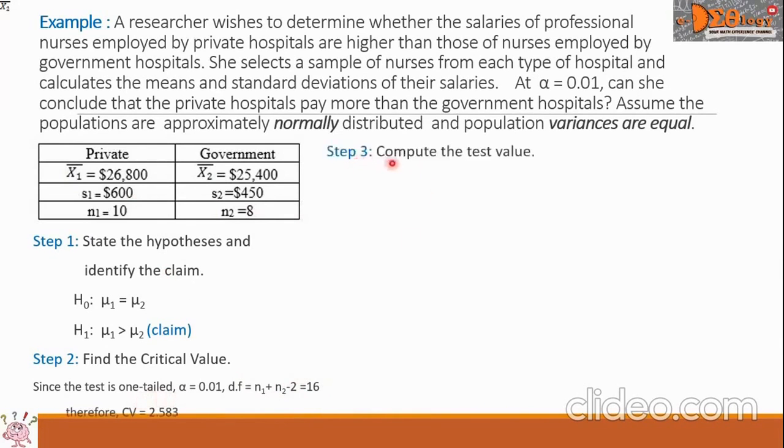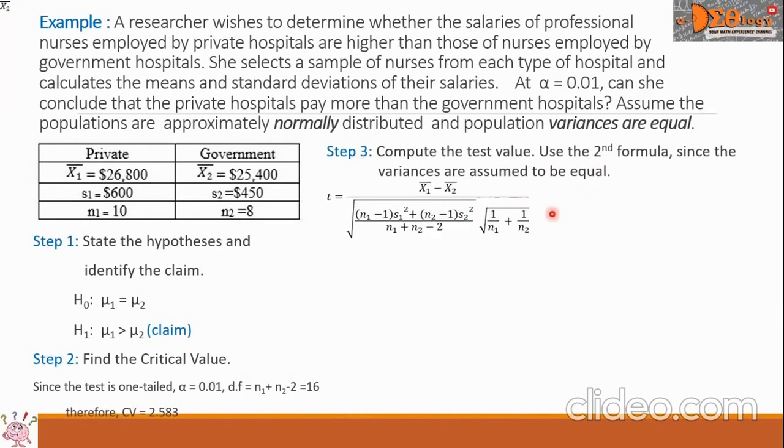Now step 3, compute the test value. We will use the second formula since the variances are assumed to be equal. So we have this big formula here. And then let us do the substitution.